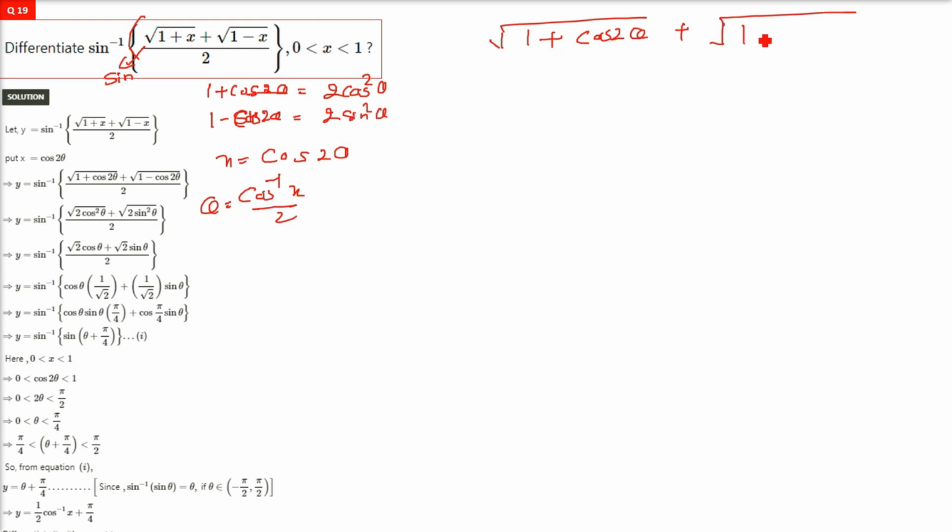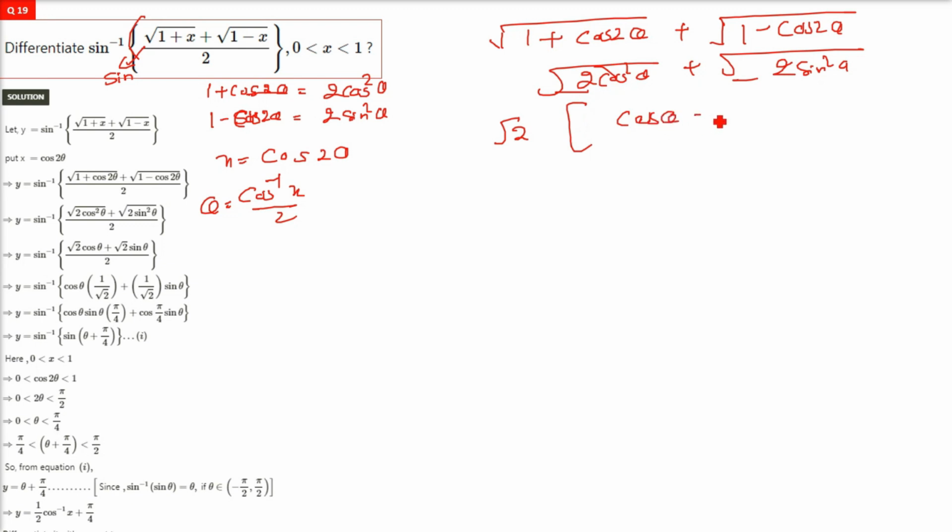Now 1 plus cos 2 theta and 1 minus cos 2 theta are inside the under root, and let us solve this first. 1 plus cos 2 theta, I just told you, is 2 cos square theta. 1 minus cos 2 theta is 2 sin square theta. Under root 2 you can take common. Under root cos square theta is cos theta. And under root sin square theta is sin theta. Just write sin theta. There is a 2 in the denominator also.